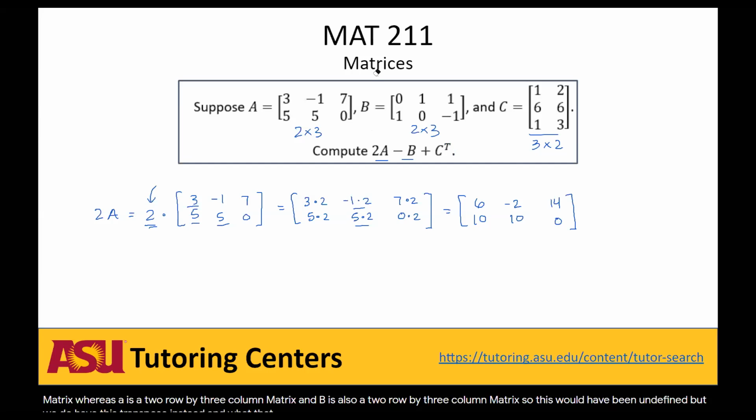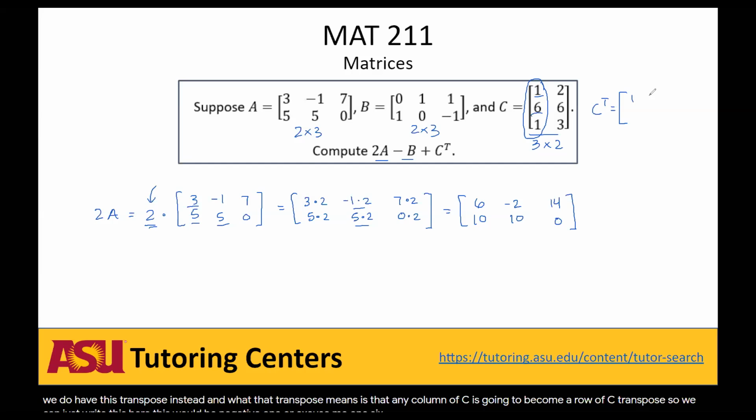But we do have this transpose instead. What that transpose means is that any column of C is going to become a row of C transpose. So we can just write this here. This would be negative 1, 6, and 1.